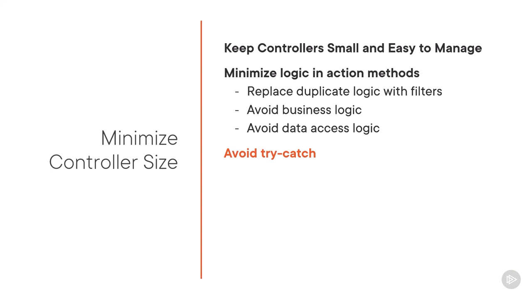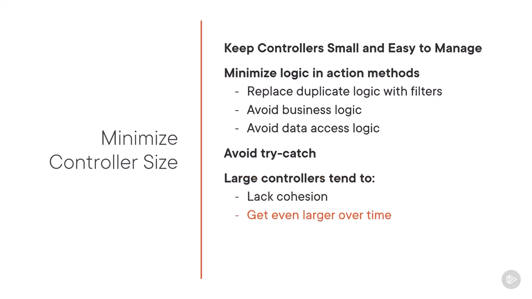A better approach is to return some kind of a result abstraction from services that may need to return non-exceptional but non-successful responses. By following this guidance, you can avoid large controllers which tend to lack cohesion, tend to grow over time, and tend to have more total dependencies and tight coupling. Keeping your controllers under control helps you avoid all these issues.